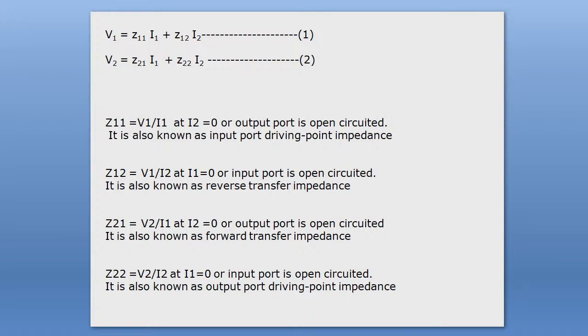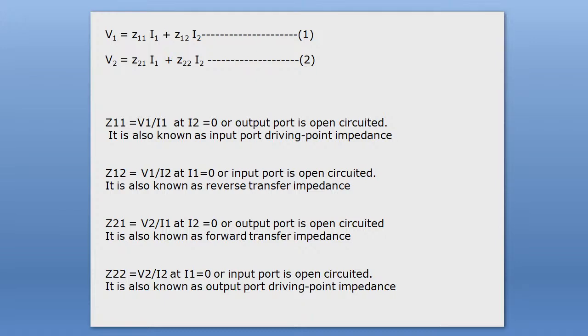Okay, and let me tell you one important concept about this circuit. A two-port network is said to be a symmetrical network if its output driving point impedance is the same as its input driving point impedance. That means Z11 equals Z22.